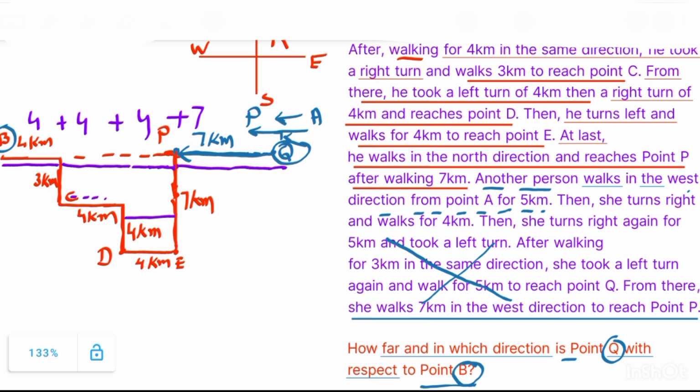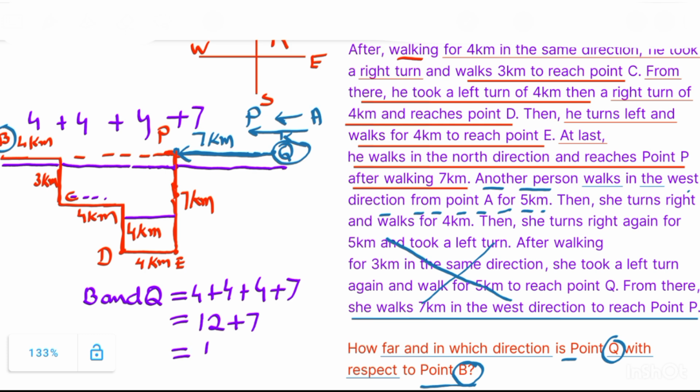Okay, so the total distance between B and Q is equal to 4 plus 4 plus 4 plus 7, that is 12 plus 7, or that is 19 kilometer.